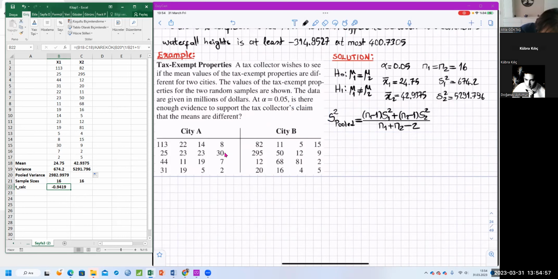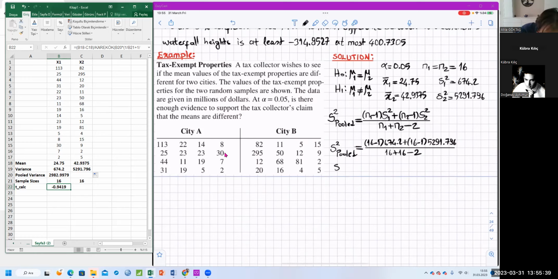So the pooled variance would be equal, yeah, N1 minus 1, which is 16 minus 1 times S1 square, which is 674.2 plus 16 minus 1 times 5,291.796 and divided by N1, 16 plus 16 minus 2.